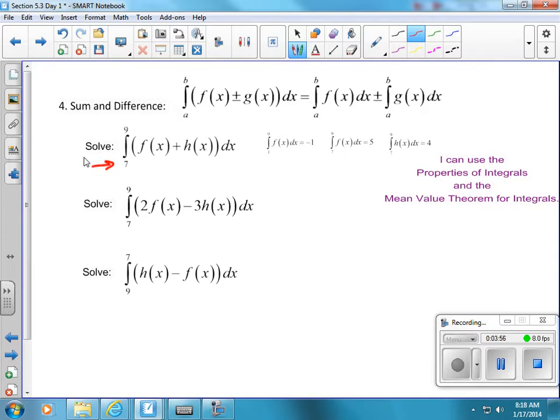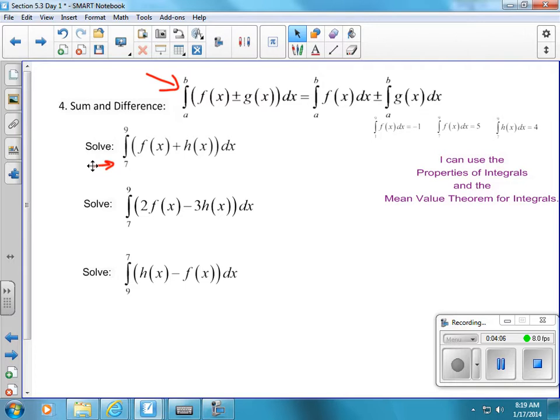Okay, so what we can do, our property tells us we can separate those two out and take the integrals of both. All right, so the first problem is this, 7 to 9 of f plus h. Well, the f from 7 to 9 was 5, right? And the h from 7 to 9 was 4. So we have 5 plus 4, and that gives us 9. So there's the first one.